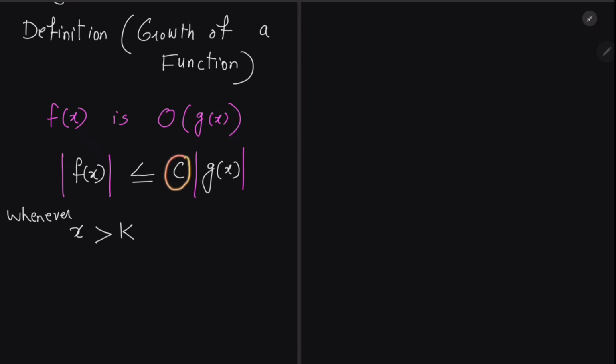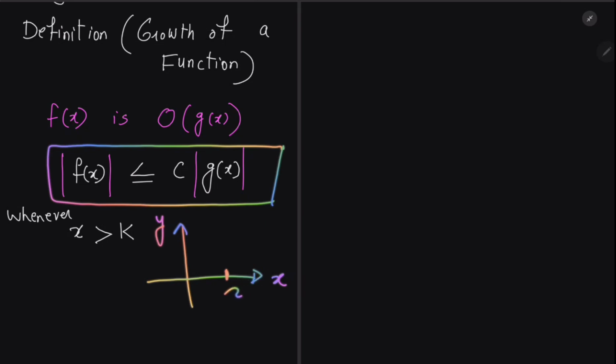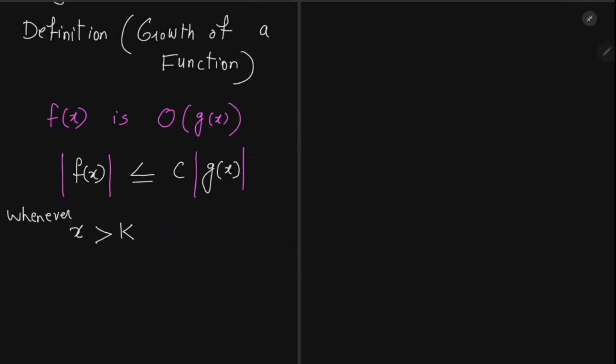One thing is to find the capital C, or constant. And another thing is that x should be greater than some constant k. It means that when you draw these two functions on the xy plane, this should hold when x is greater than k. I will talk about that in the next example.